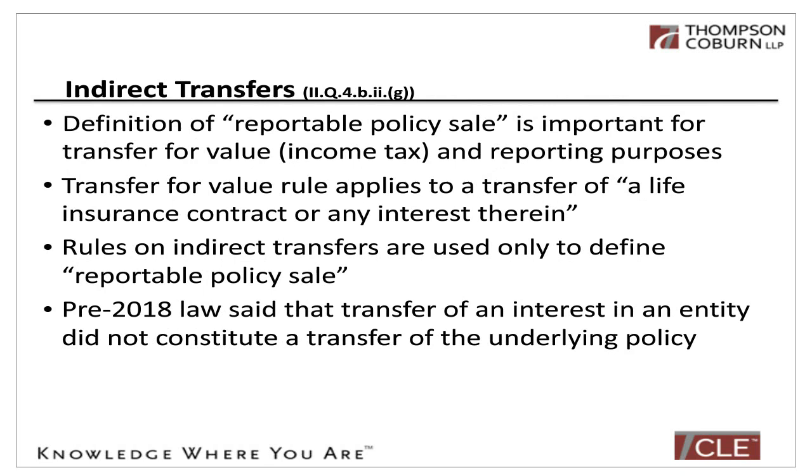So if you have an indirect transfer, if you transfer an interest in a partnership that owns a life insurance policy, the pre-2018 law said that transferring that partnership interest is not a transfer for value. So it may be an indirect transfer that triggers reporting under the reportable policy sale rules, but the transfer of that partnership interest is not a transfer for value. I don't think it is, and therefore the reportable policy sale rules will not taint that policy.